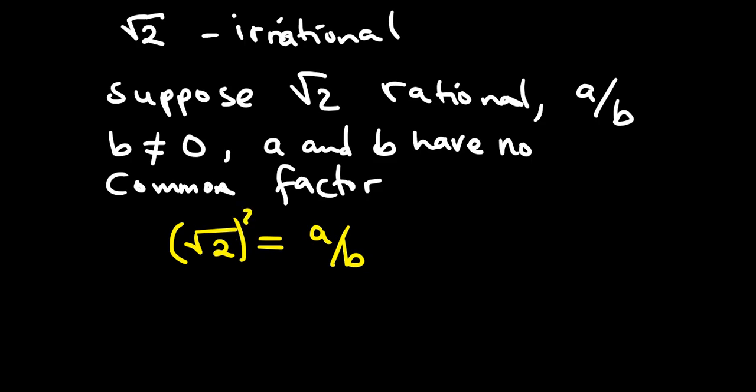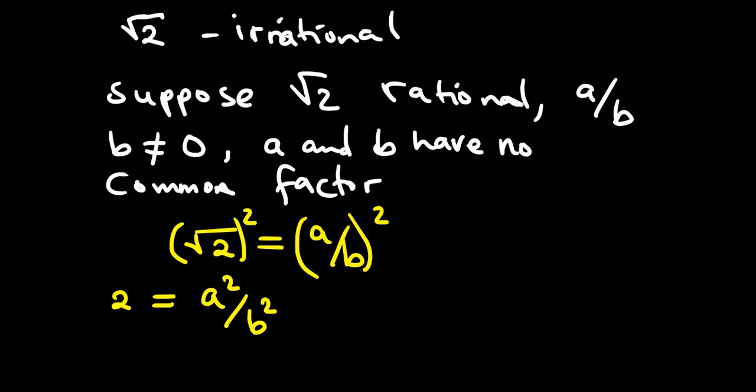When I square both sides, I have 2 equal to a squared over b squared.